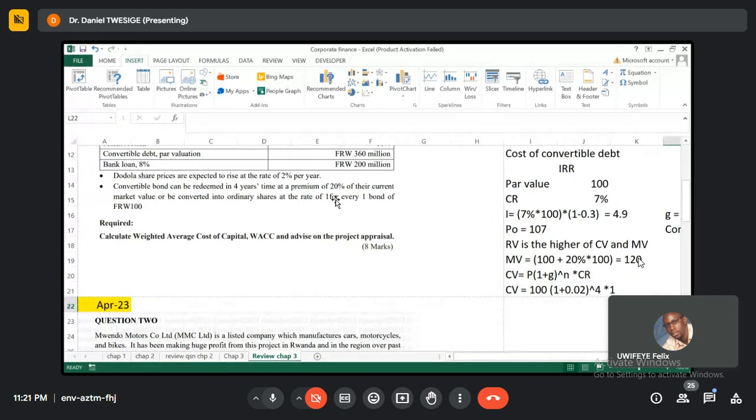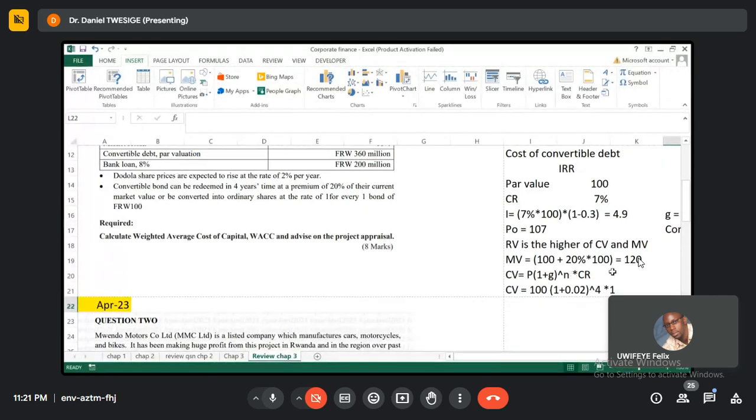I thought it was a coupon rate. Huh? CR. Every 1 bond of 100. Is it okay? That's the coupon. Now, the formula is saying times a coupon rate.